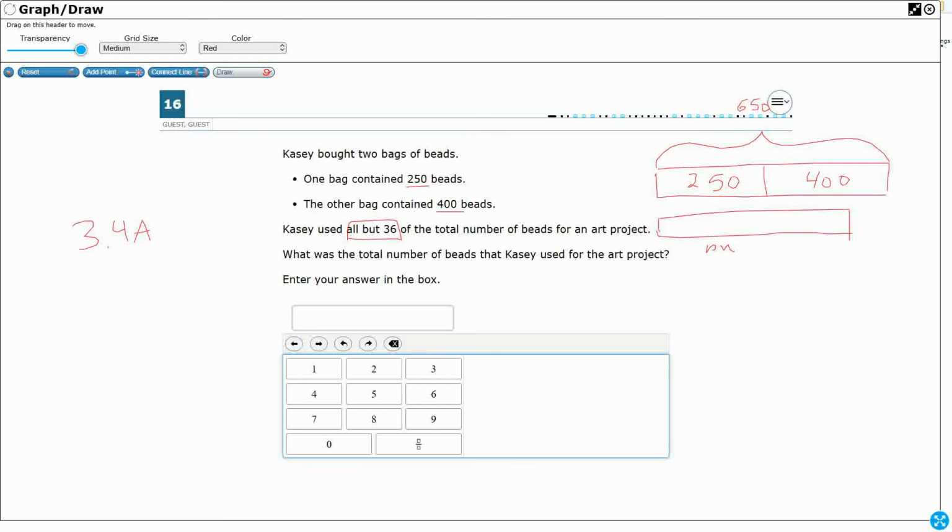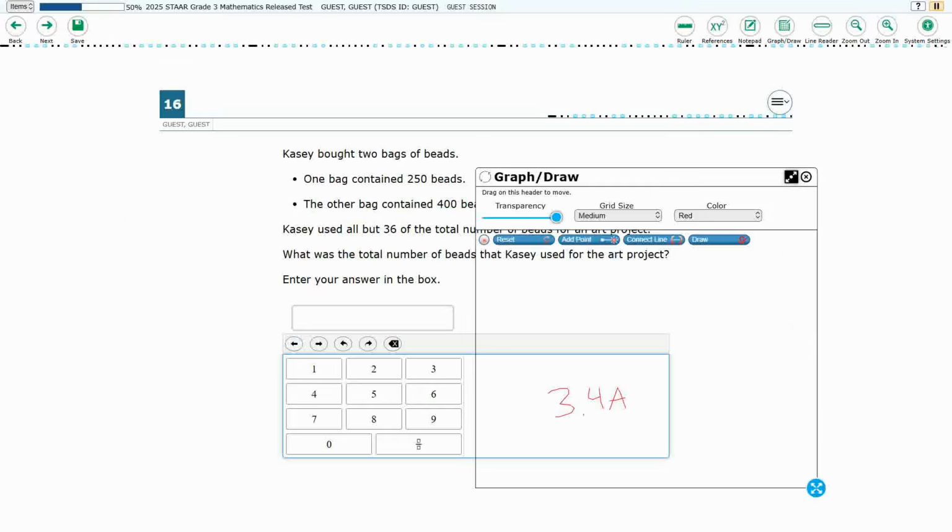So there's my project. And then here's that gap that they give us, 36. Well, how are we going to figure this out? Well, let's go ahead and do 650, and let's take away that 36. So this is a two-step problem, and there's no A, B, C, or D to help guide us. We just have to enter in the answer, which is 614.